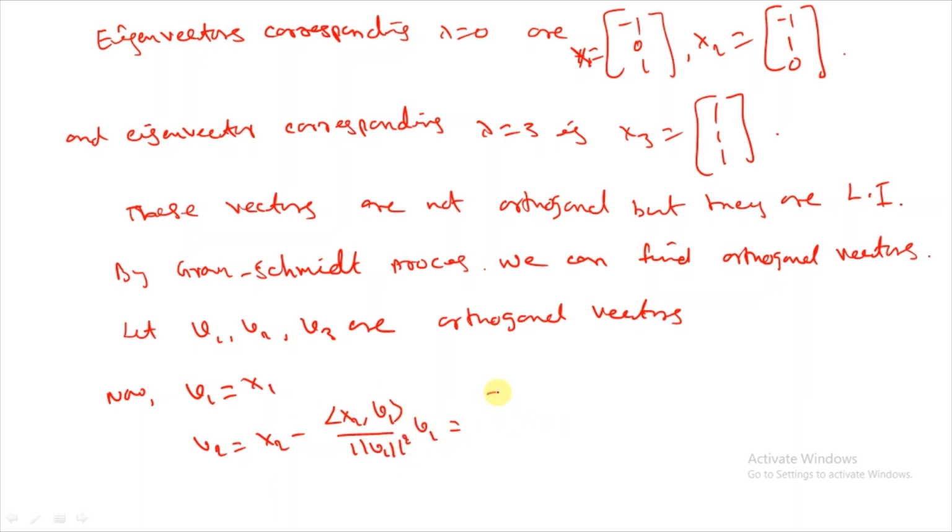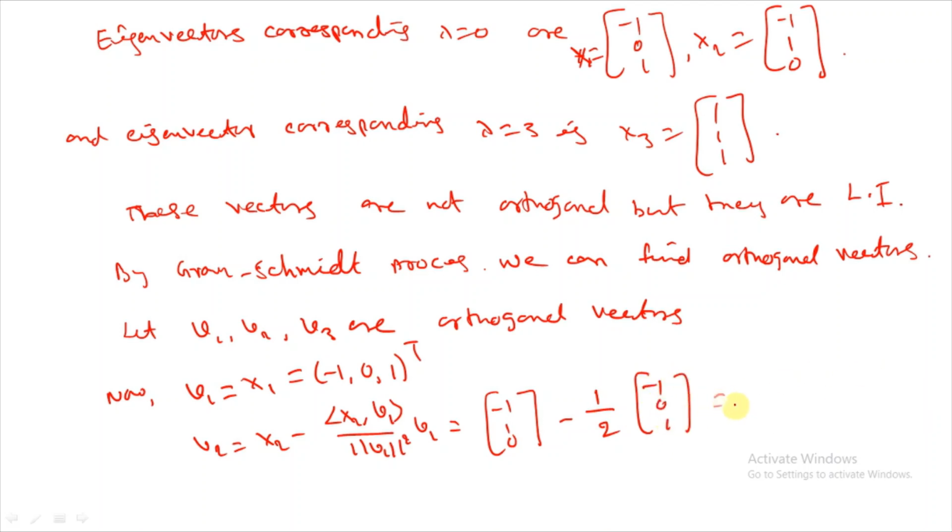Now x2 is minus 1 1 0, and v1 is minus 1 0 1 transpose. The inner product is minus 1 into minus 1, that's 1, divided by the norm squared, which is 2, into minus 1 0 1.